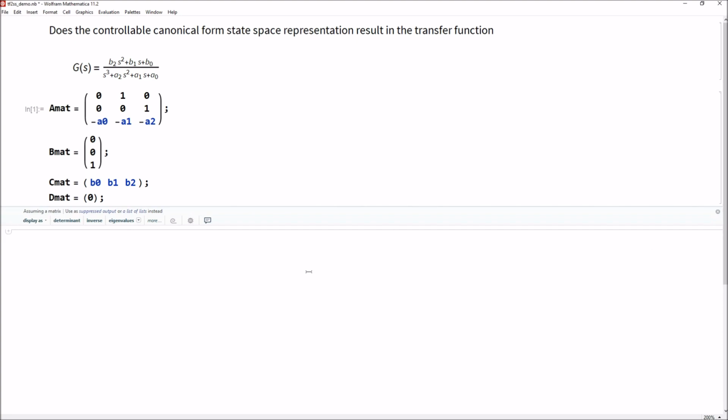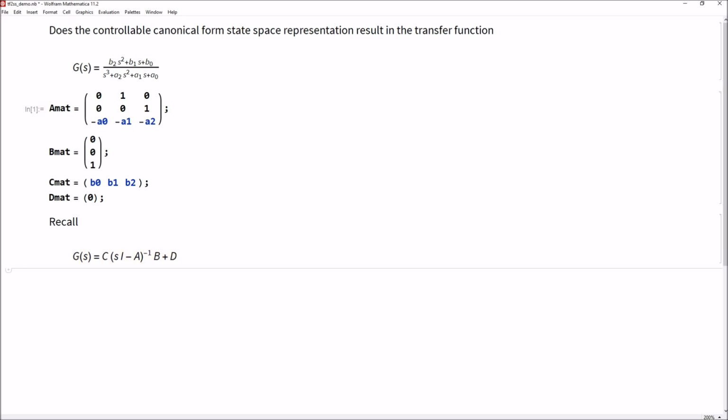Okay, now let's use the formula that we derived in our state space to transfer function lecture. Let me write it out. Recall that we have G of S equals C times the inverse of S I minus A, times B, plus D. That's what we developed earlier.